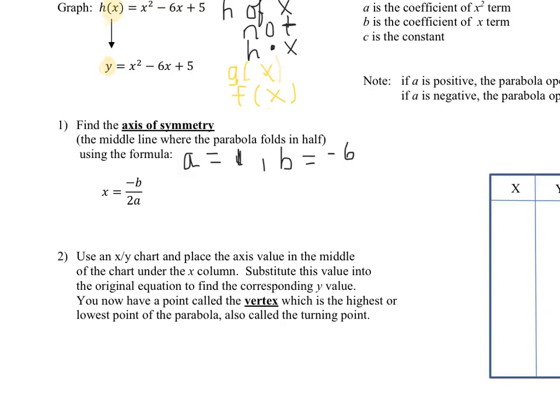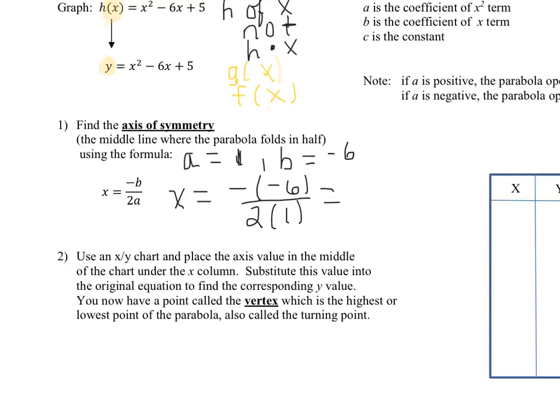Okay, so we're going to fill those values into our formula. X equals negative b. So negative b itself is negative 6, all over 2a, which is 1.